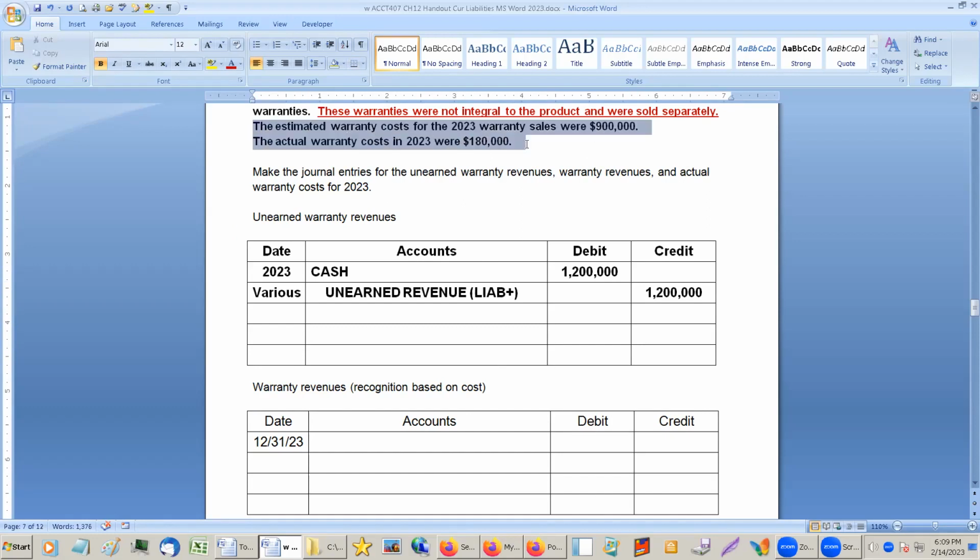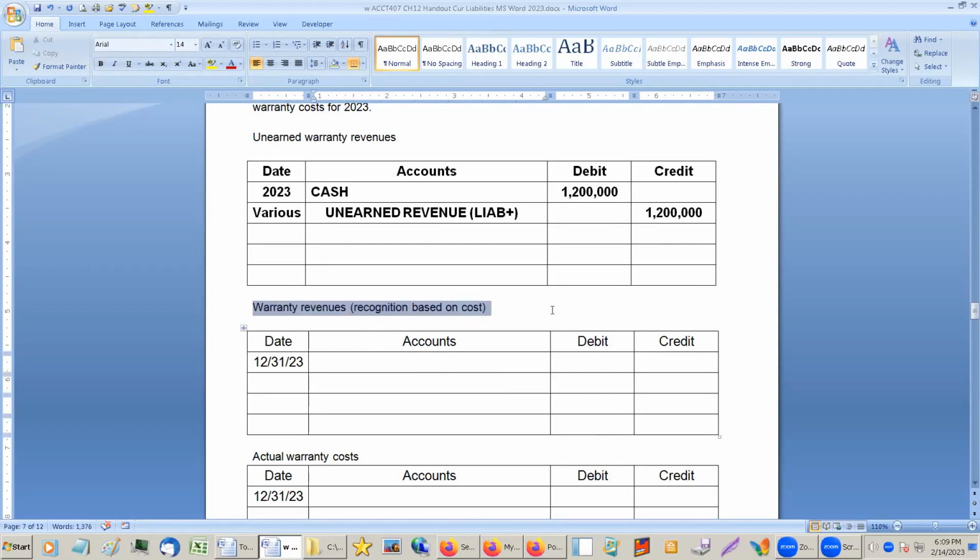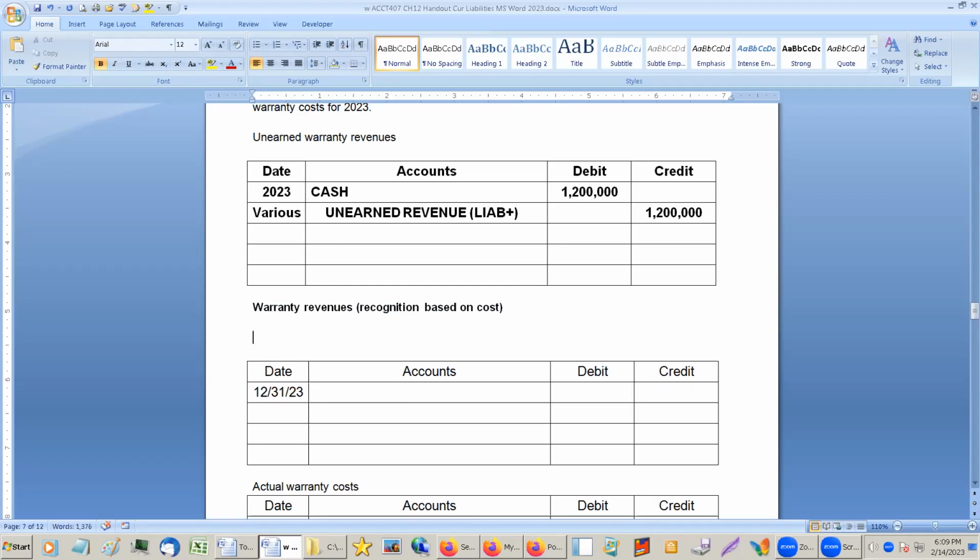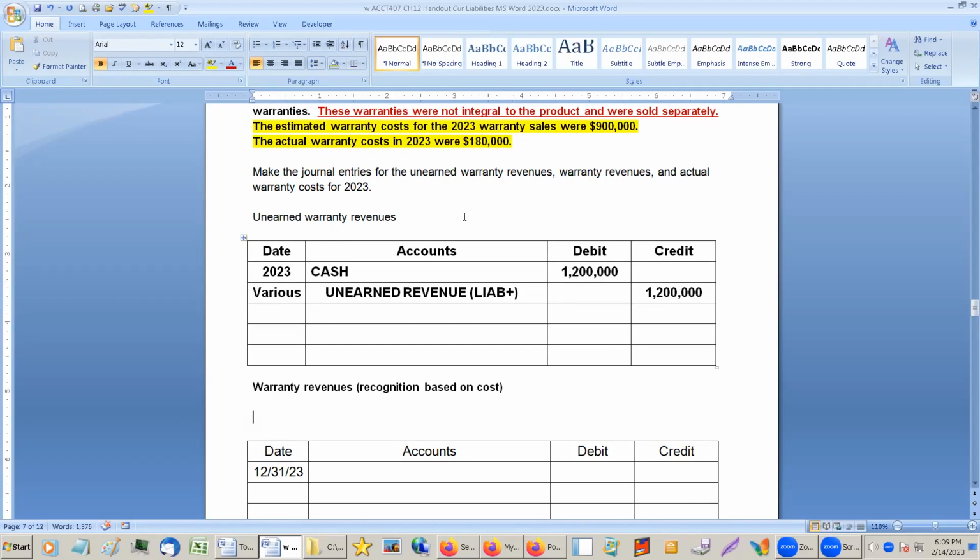So you're going to use these two to figure out how much of this revenue was earned. You take the actual, 180,000, divided by the estimated, 900,000.